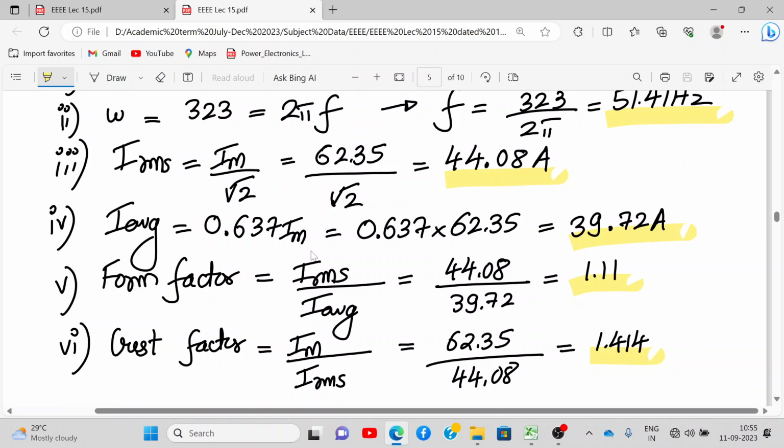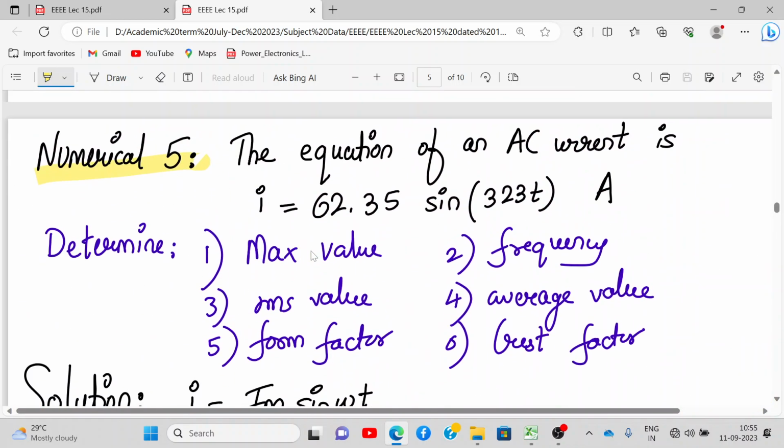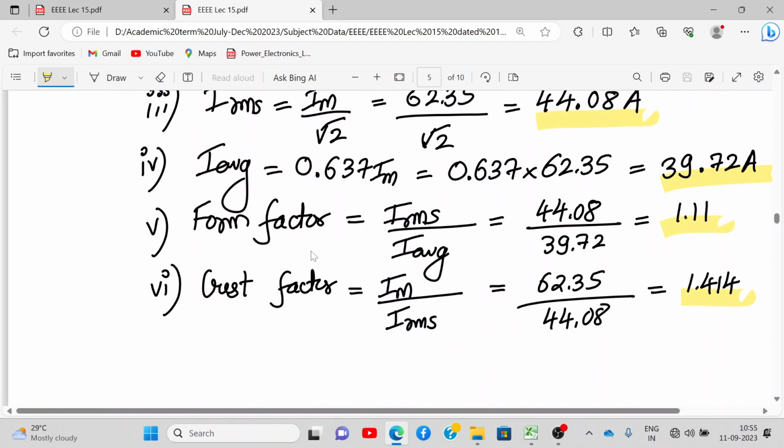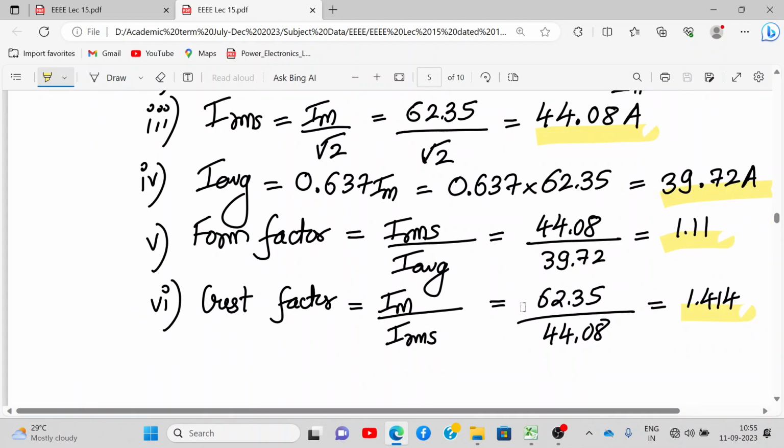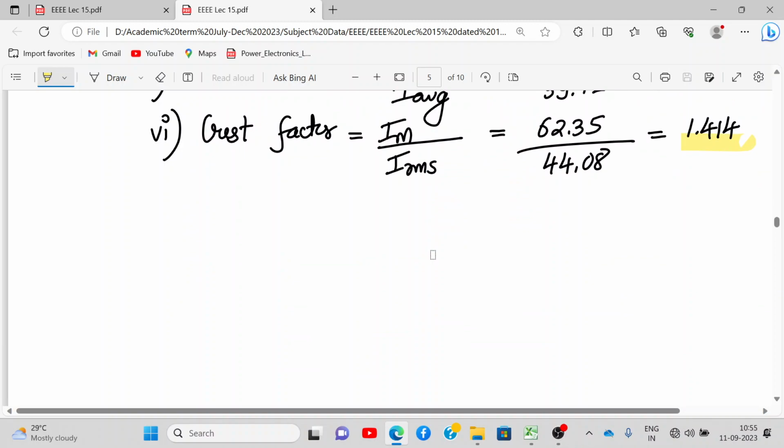Yeah? Completed everything? Now numerical number 6, last for the day. All the values you have got? Okay. Write down. So this will complete around 2.1 module with this numerical. So write down numerical number 6.